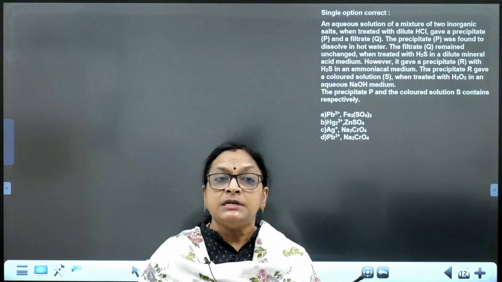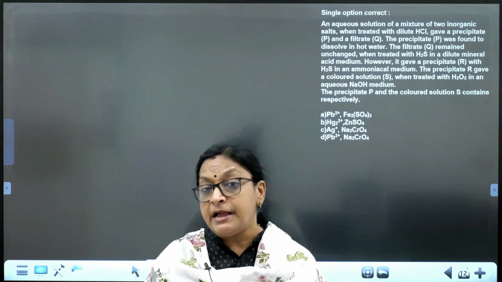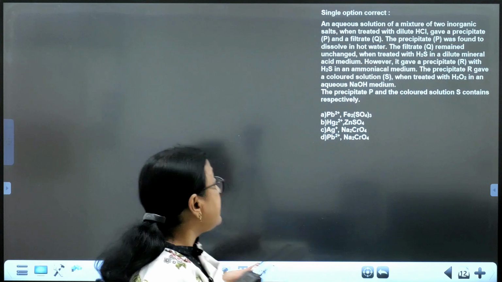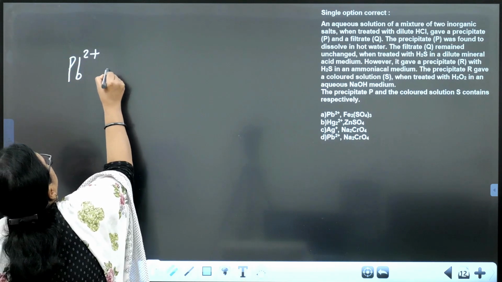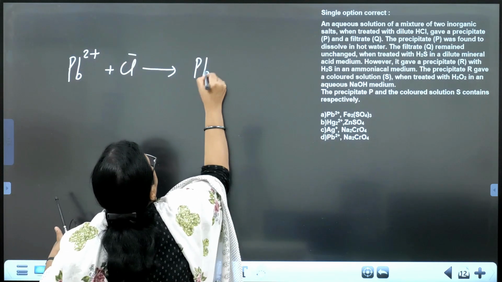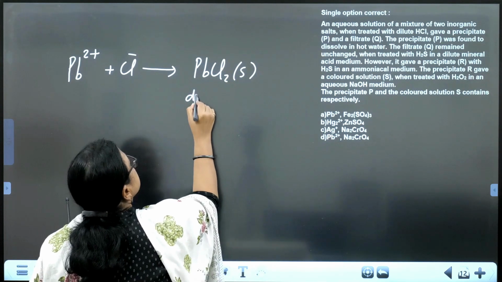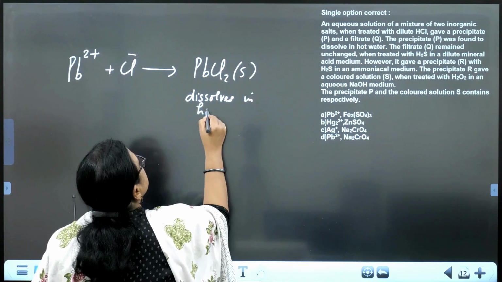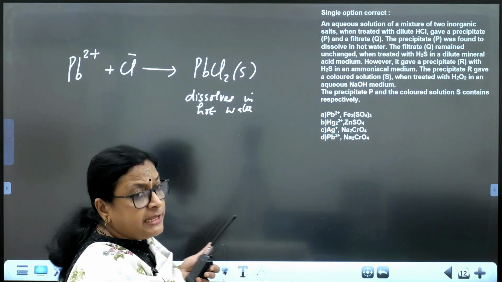It is lead chloride which is soluble in hot water. So we got an idea. P must be containing Pb2+ ions, and the reaction is Pb2+ with the chloride ions from HCl forming PbCl2, which is sparingly soluble and dissolves in hot water. So P must be containing Pb2+ ions.